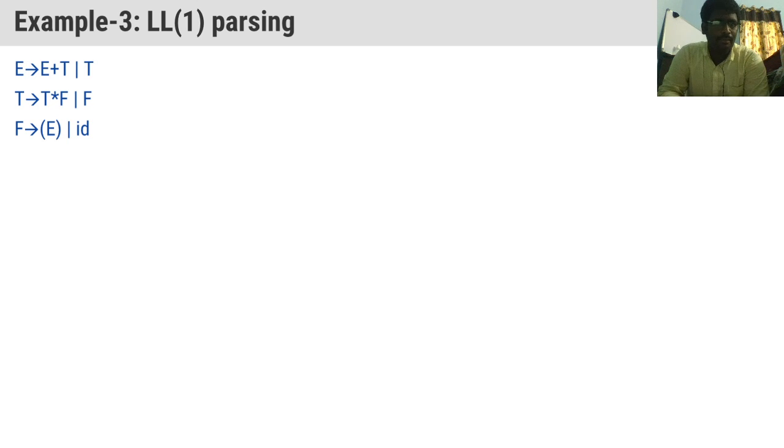So these are the productions given. Suppose if I ask you to find out the first sets for the given grammar, what is your answer? What are the first sets of capital E?